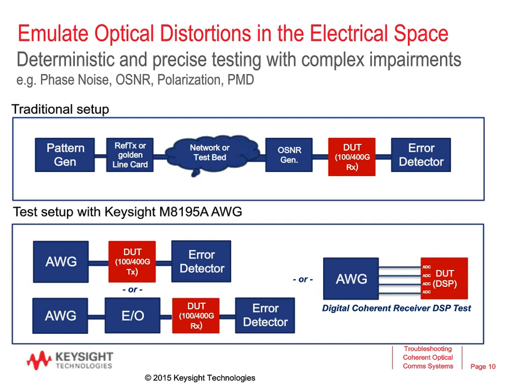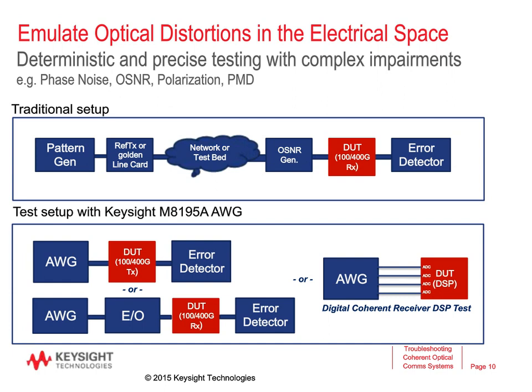Or you extend the arbitrary waveform generator with an E to O converter or an optical modulator, and then you're able to generate an optical signal that already looks like it has traveled through a long network transmission. And in the end, again, you have your error detector available.